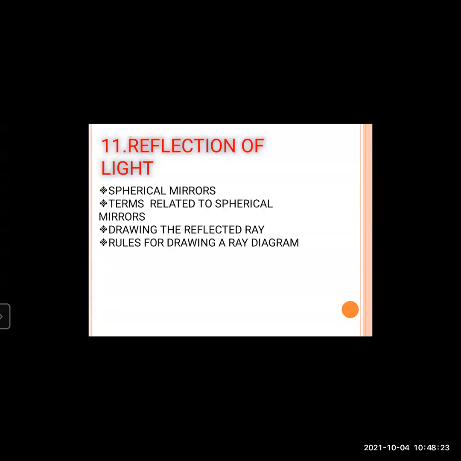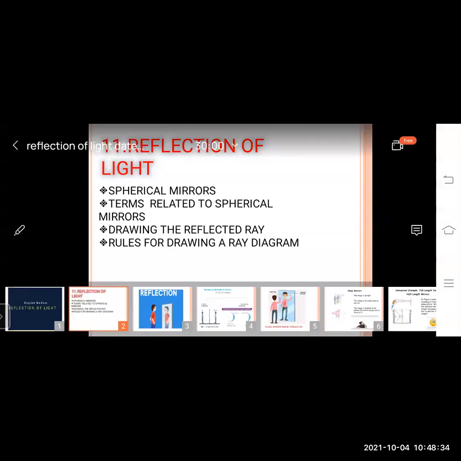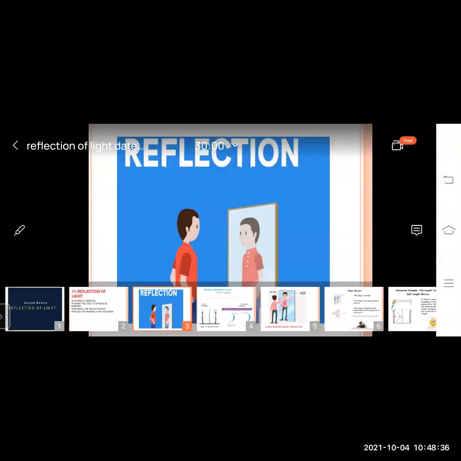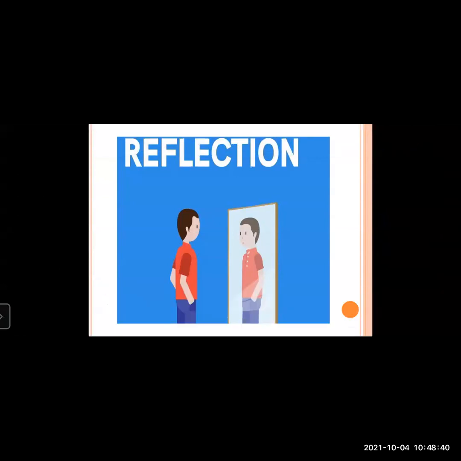Okay, so we are going to see spherical mirrors, terms related to spherical mirrors, drawing the reflected ray, rules for drawing a ray diagram. So this is what basically reflection is. What is reflection? Reflection is light falling on the mirror.